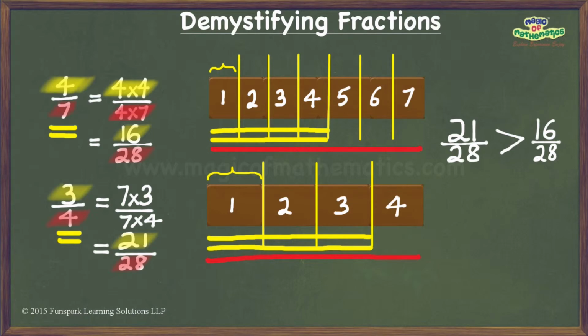Since we have not changed the fraction values in any way, we can say that the same relationship would apply to the original fractions as well. In other words, we can say that 3 by 4 is greater than 4 by 7, and this is the same result we got from the visual comparison that we did earlier on.